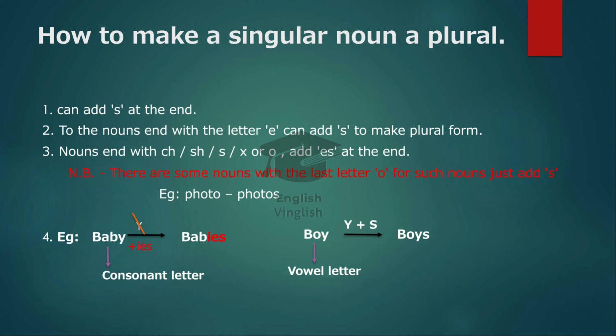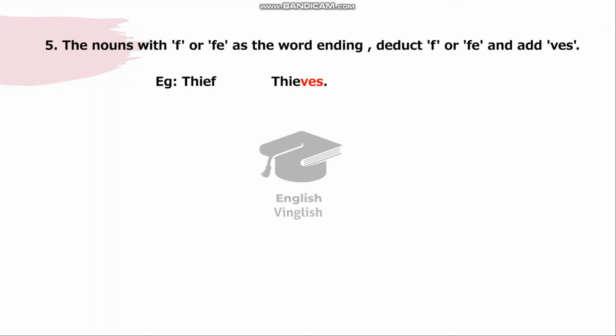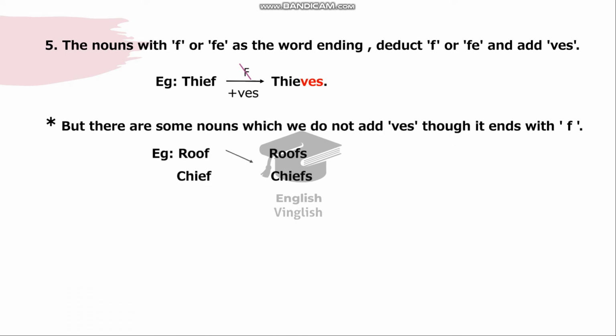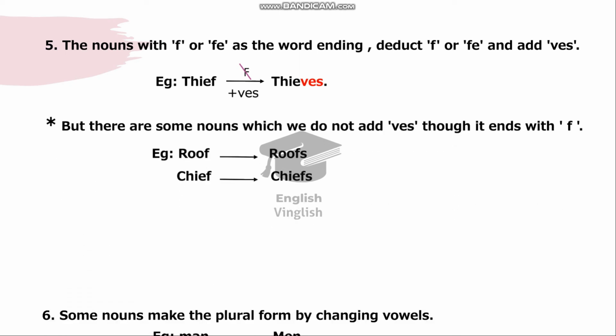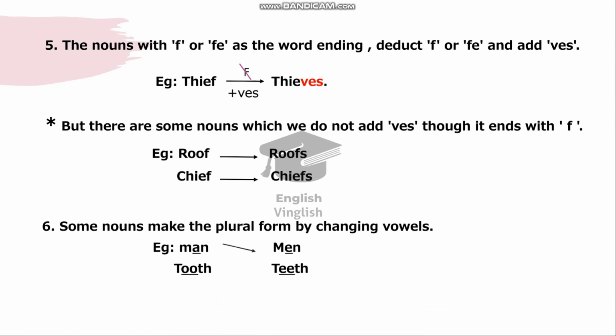The nouns with F or FE as the word ending: we drop F or FE and we can add VES to make it a plural. For example, thief.